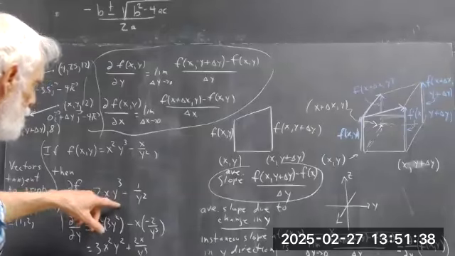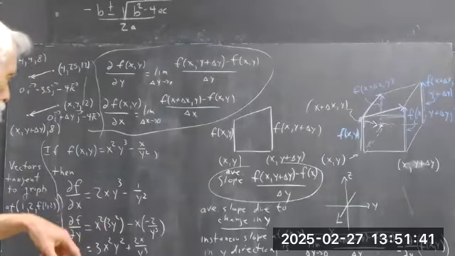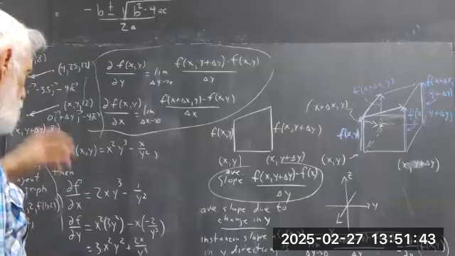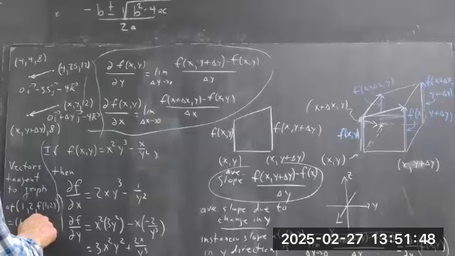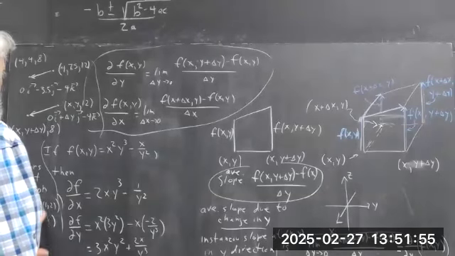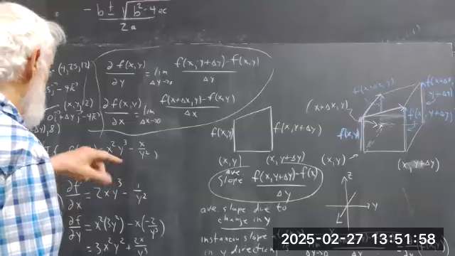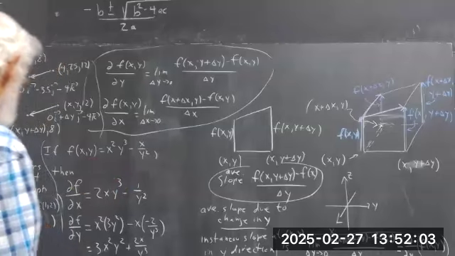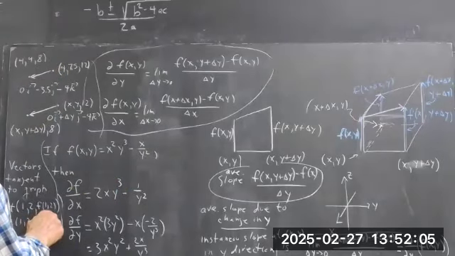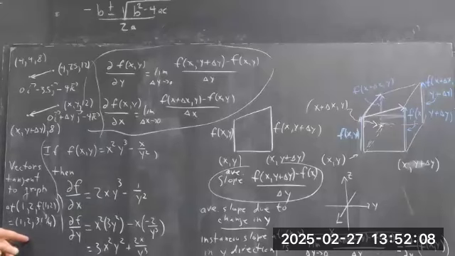You've got some surface up there, the graph of the function in 3 dimensions. Then you've got the point 1, 2, f of 1, 2. 2 cubed is 8 times 2 is 16, that's going to be 16 minus 1 over 4. So it's, no, I did that wrong. It's 32 minus 1/4, 31 and 3/4. For this function, that would be the coordinates of the point.